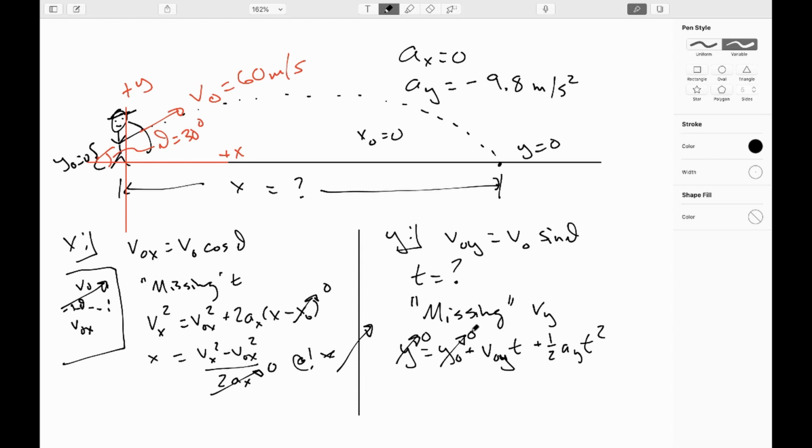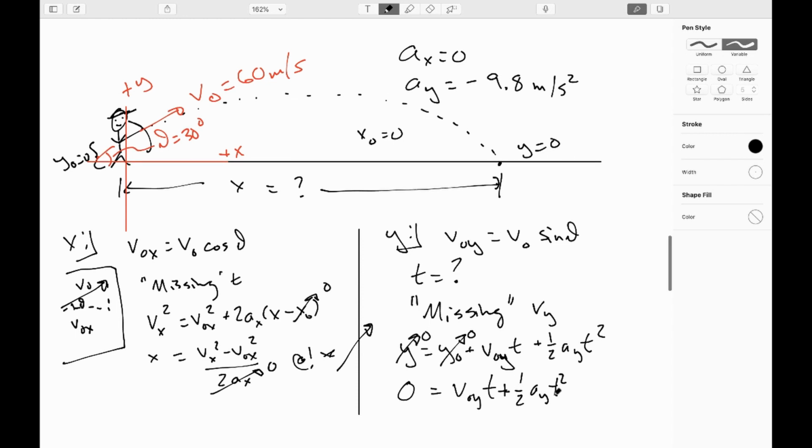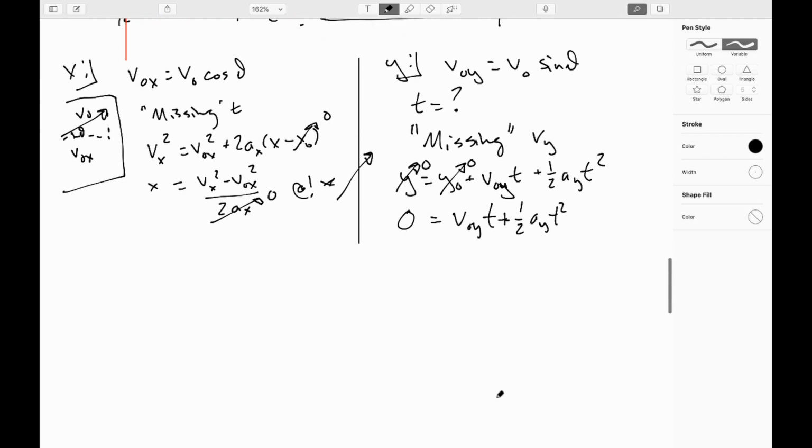So when we solve for the time, what we're left with is 0 equals v naught y t plus 1/2 ay t squared. Okie dokie. So this is a quadratic. And certainly you could solve this using the quadratic formula, but in this case it'll be easier to just factor it.